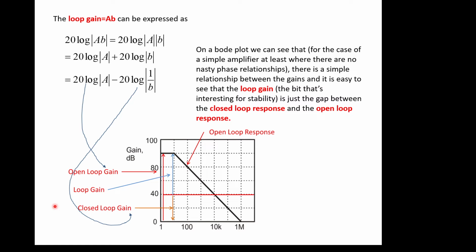So when we look at these graphs, we can actually tell a little bit more about stability as well. We would be used to looking at open loop responses and saying, okay, because I understand about gain bandwidth products, if I control the gain to be, say, 40 dBs, a gain of 100 or so, then I can put a line on here, and where it hits the open loop response, that will be my overall response.